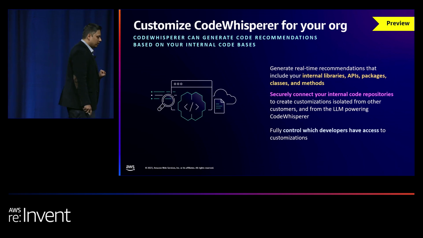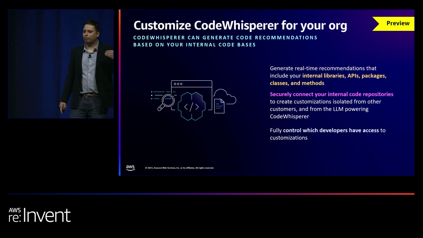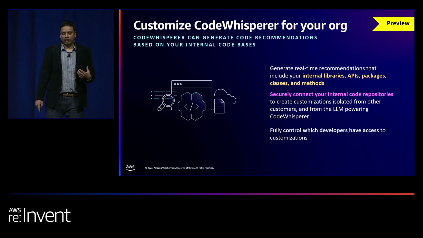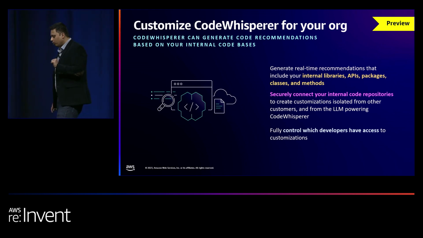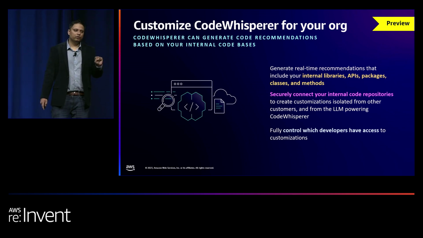Now the exciting part. We looked at a code recommendation that was something like parse a string or parse a CSV file. That's a great example. But for most people, when you're writing code for your work, you usually use internal code libraries, right? So let's say you have some way to write your UI applications.